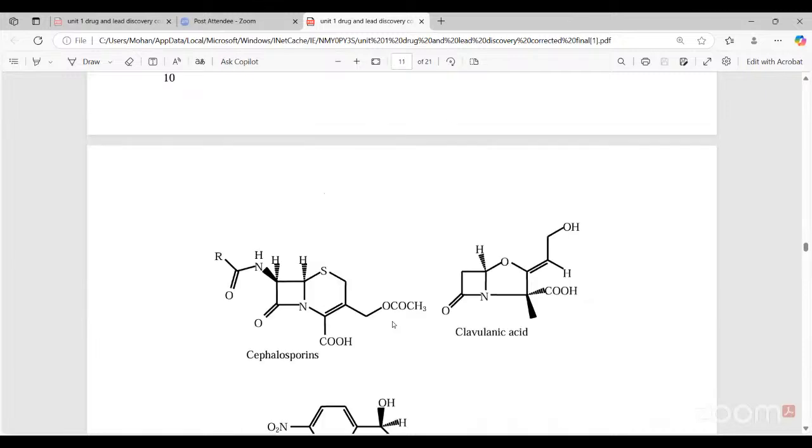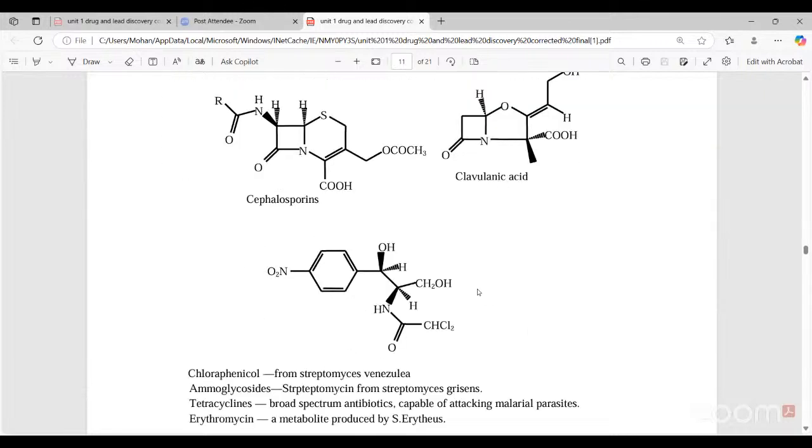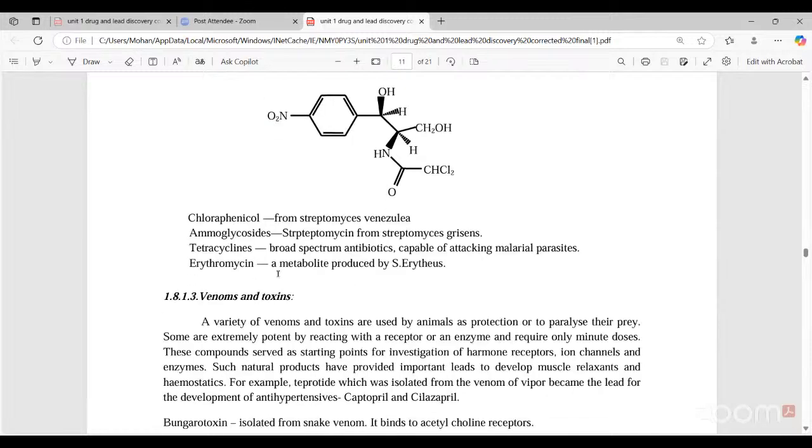These are examples where cephalosporins and penicillin were investigated as lead compounds, and chloramphenicol, which is extracted from Streptomyces venezuelae, and erythromycin, a metabolite produced by Streptomyces erythraeus. So these are obtained from microbes.